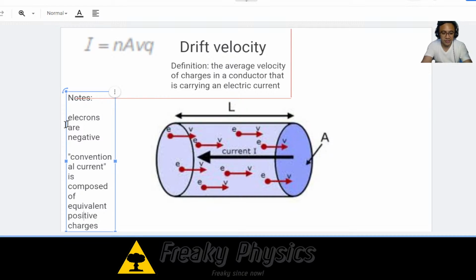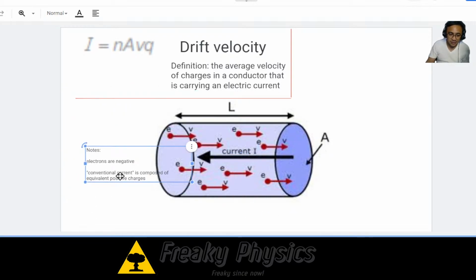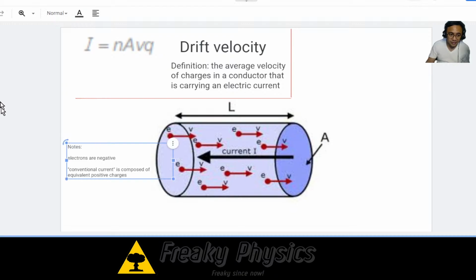So what does this mean? First of all, in a circuit, electrons are the ones that move around, not the positive charges, right? So an accurate description would be all of these electrons, let's say, are moving to the right. This is equivalent to having all these electrons replaced by positive charges and moving to the left.